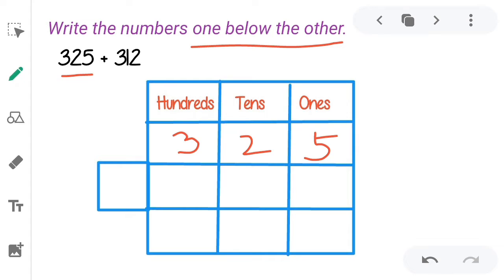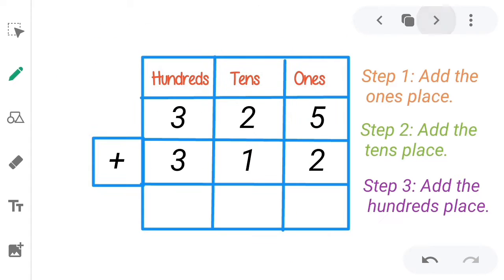Now the next number that we have is 312. The same way it has 3 hundreds, 1 ten and 2 ones. We will put a plus sign here, and this is the way how you will write the numbers.